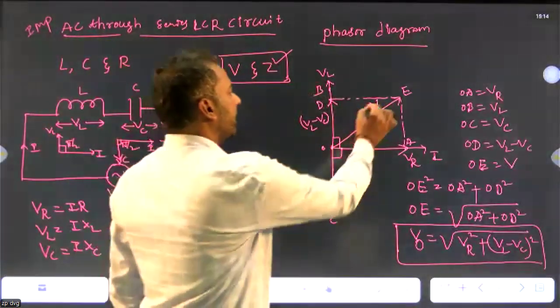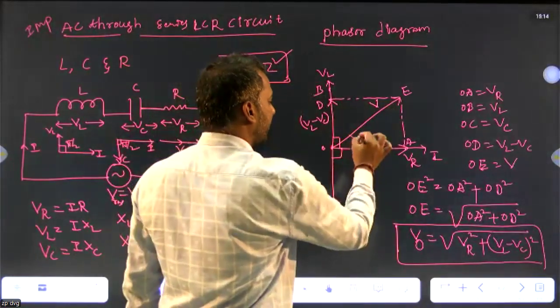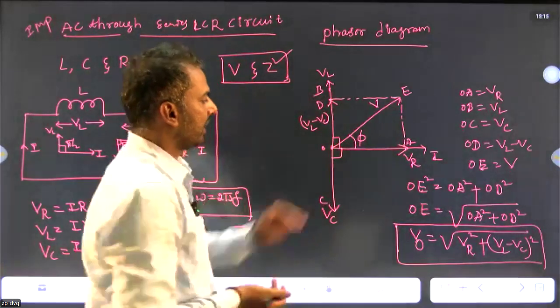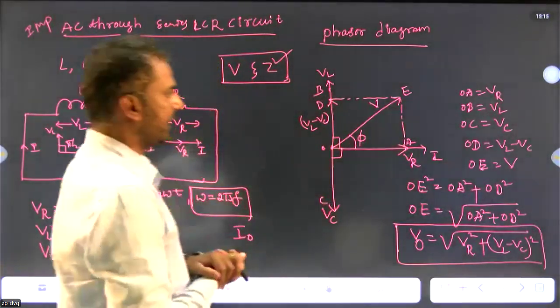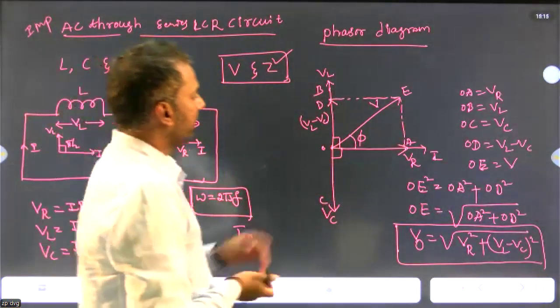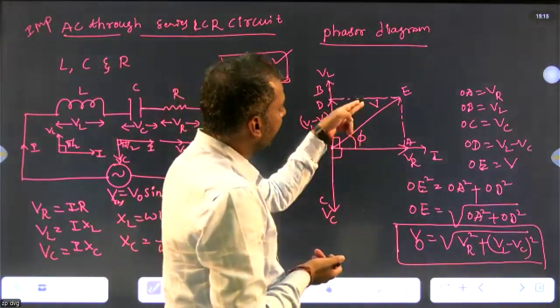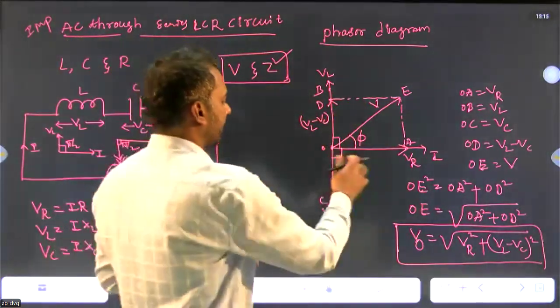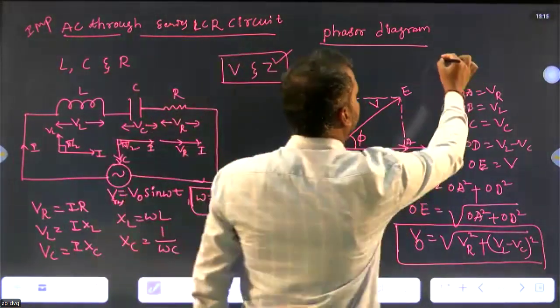The resultant voltage V makes an angle phi with the current axis or x axis, or let phi be the angle between V and I. So now from this angle, tan phi is equal to what?